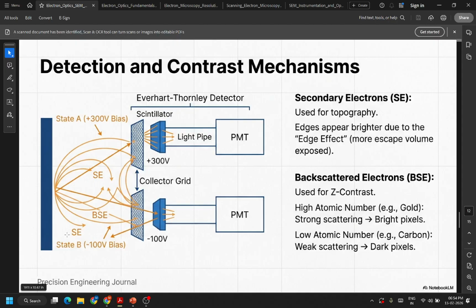It will block your secondary electrons. And then you have scintillators, which convert electrons into photons, and the number of photons generated is then counted using a photomultiplier tube.